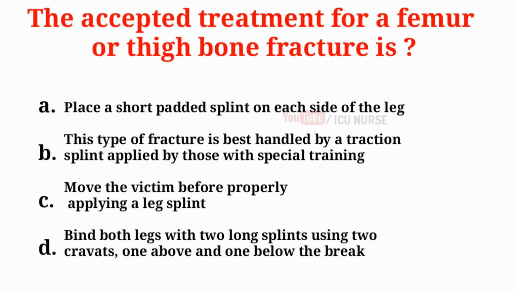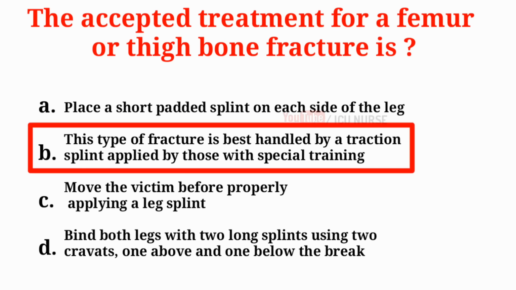D. Bind both legs with 2 long splints using 2 cravats, one above and one below the break. And the correct answer is B. This type of fracture is best handled by a traction splint applied by those with special training.